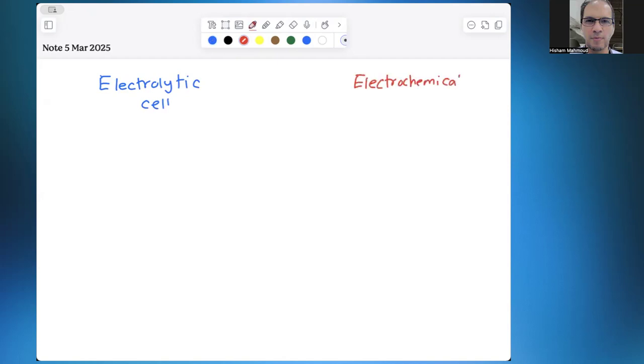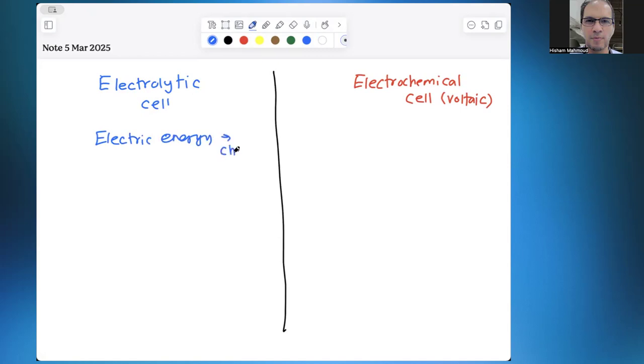In the first one, I am using electricity, using the electric energy in the battery, and changing it into a chemical reaction like decomposition of the ionic compound. And here the opposite is happening. I'm using the chemical reactions that are happening to change them into electric current, so I'm producing electric energy from it.